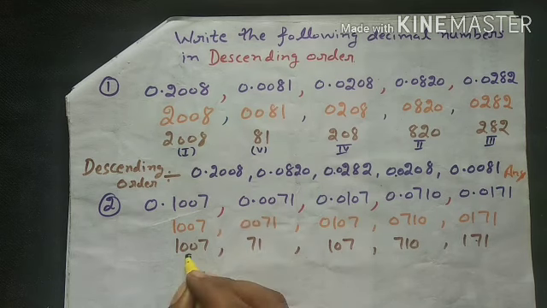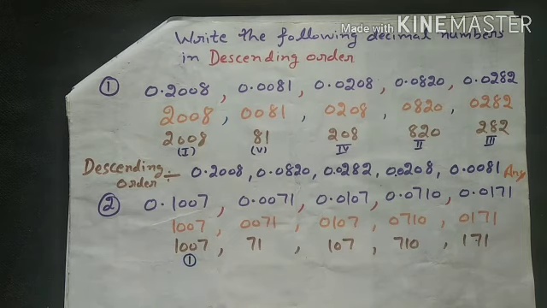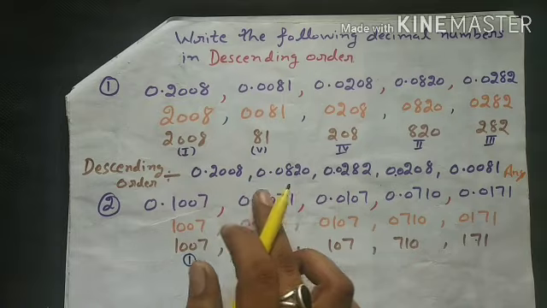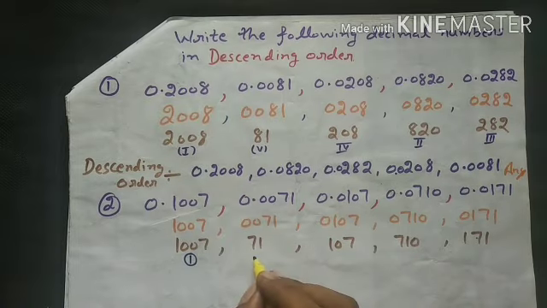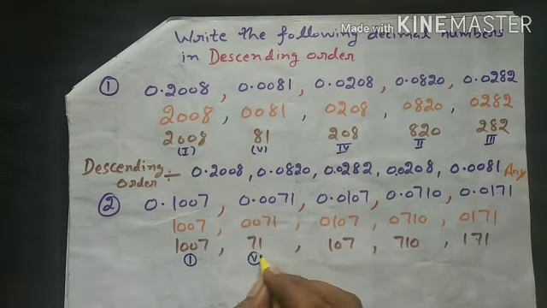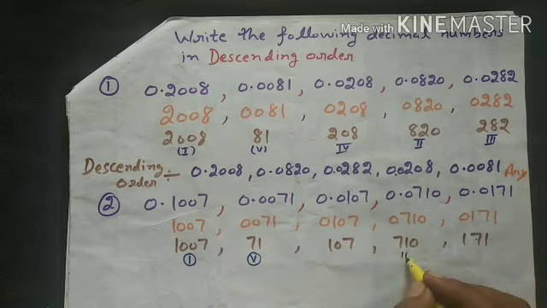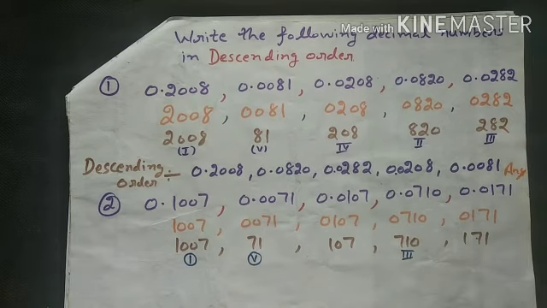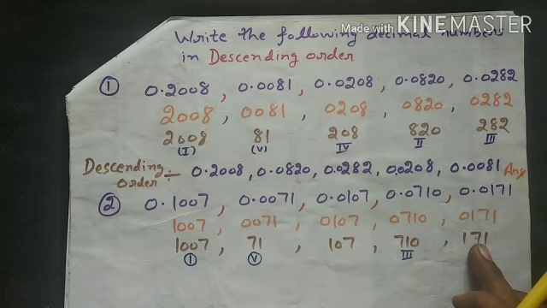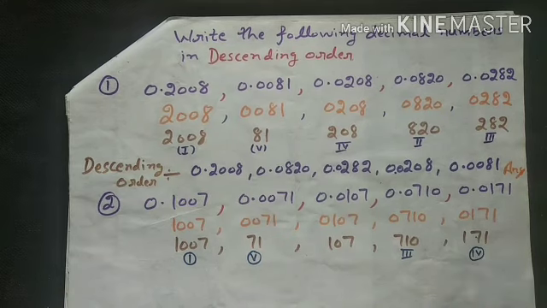So this is the first place. Okay, and which is the smallest one? That is 71. So how many numbers are there? 1, 2, 3, 4, 5. So this will be at 5th place. Now after 1000, which number is there? 710. So this will be at 2nd place. Okay, after that 171, then this is at 3rd place.